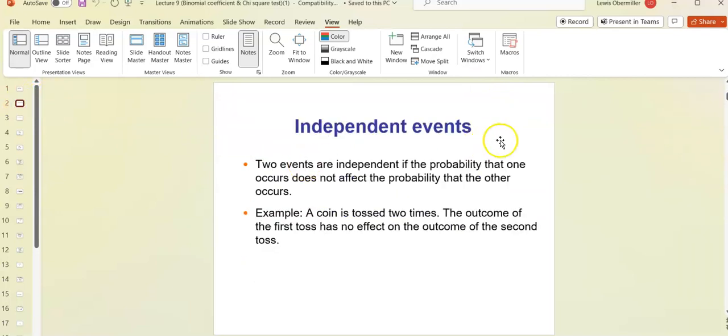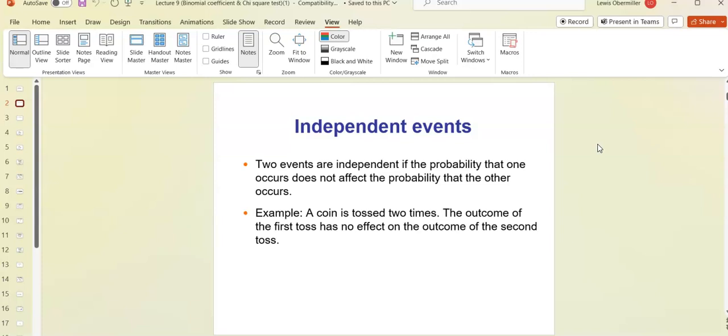All right. So just to reinforce this, independent events are events where one outcome does not affect the other outcome. They're both equally likely. So if I tossed a coin 2 times, then the probability of them coming up heads both times is one half times one half, because they're exclusive of each other.